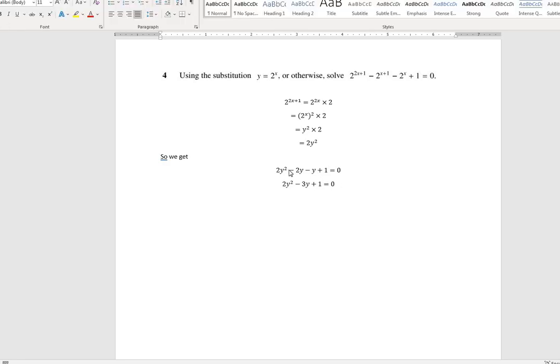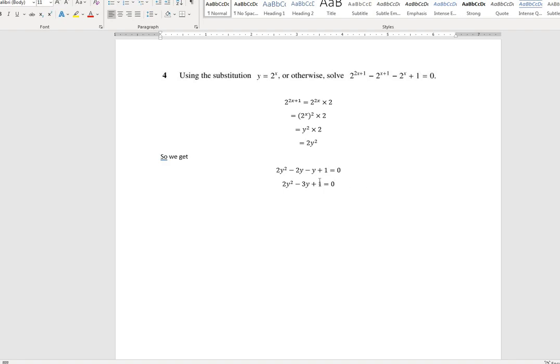So we can simplify this part, negative 2y minus y, so we get negative 3y. Then the next step is we just have to solve this quadratic equation.